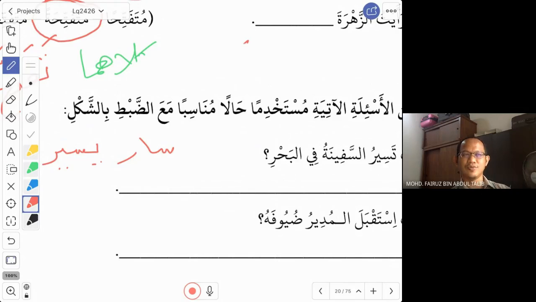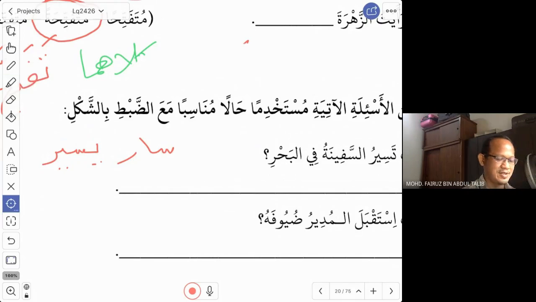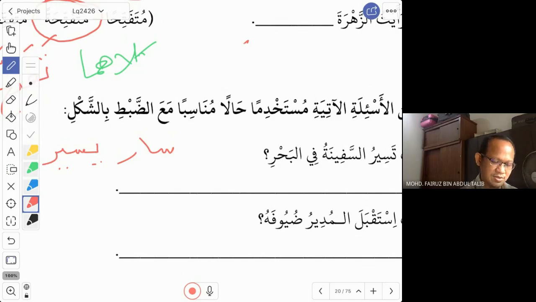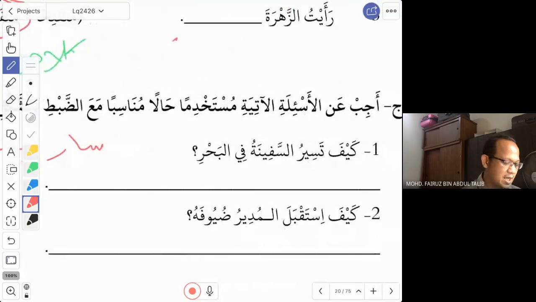Or slow? Anyone? Fast, laju. Sari'atan, okay, good answer. Sari' means quick. So sari'atan, or quickly, or fast. Yes. So you say sari'atan.